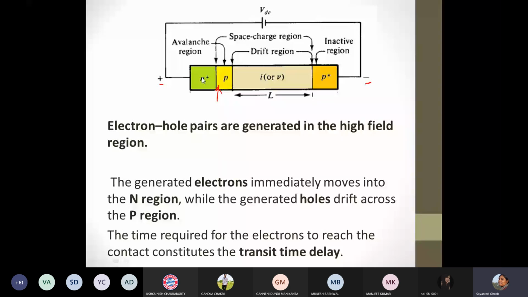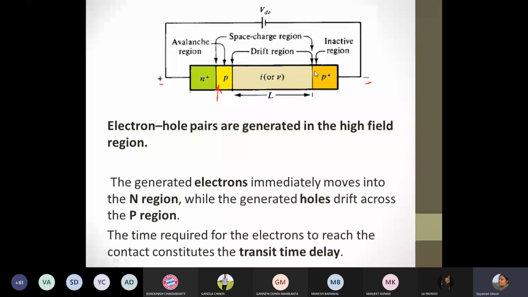So if this junction breaks down, then a huge number of carriers will be formed at the high field region. Just remember that this junction is the point where the electric field was maximum, right? So if you apply a proper voltage, then near the junction the field will be maximum, and at the junction a huge amount of electron-hole pairs are going to be created because of breakdown. Now, the generated electrons will immediately move to the N region, but the generated holes will travel through this entire region to reach the P+ side and stop there.